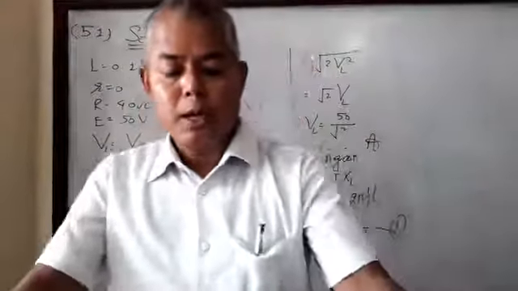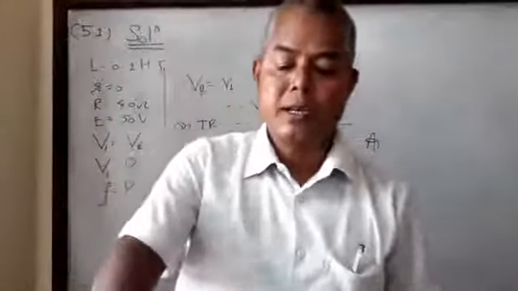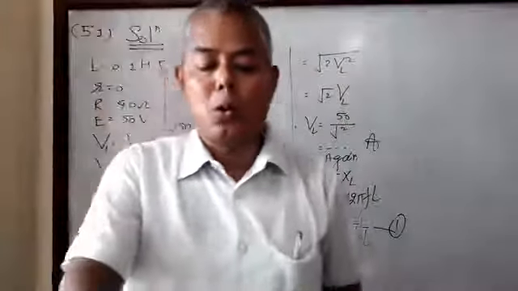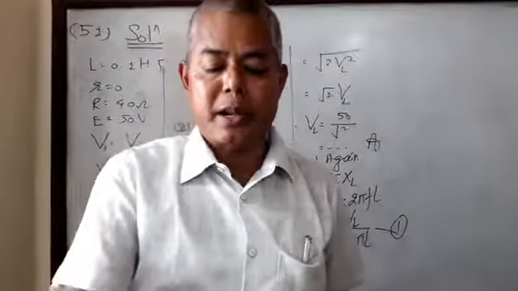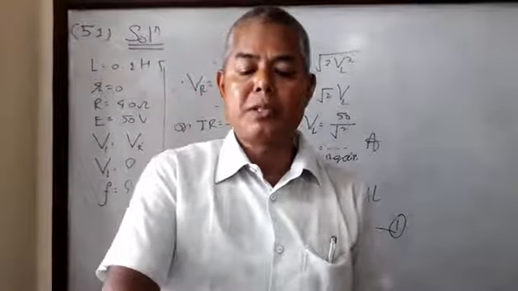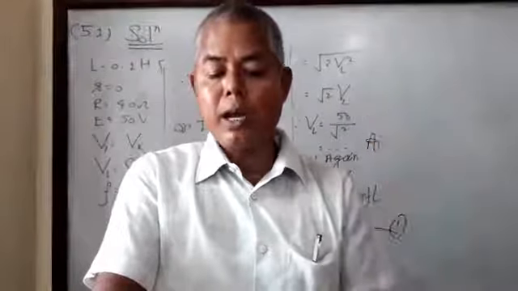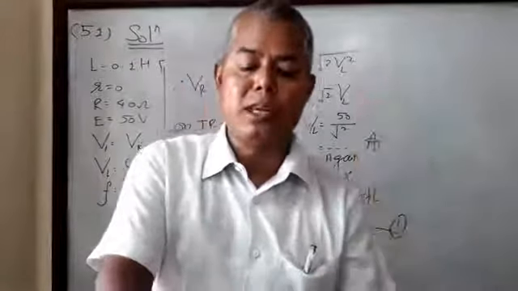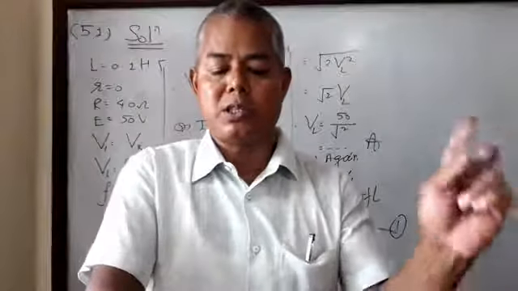Question 52. What is it asking us? An iron core coil of inductance 3 Henry and 50 ohm resistance. This is not a pure inductor. It has both L and R given, which means it has ohmic resistance.